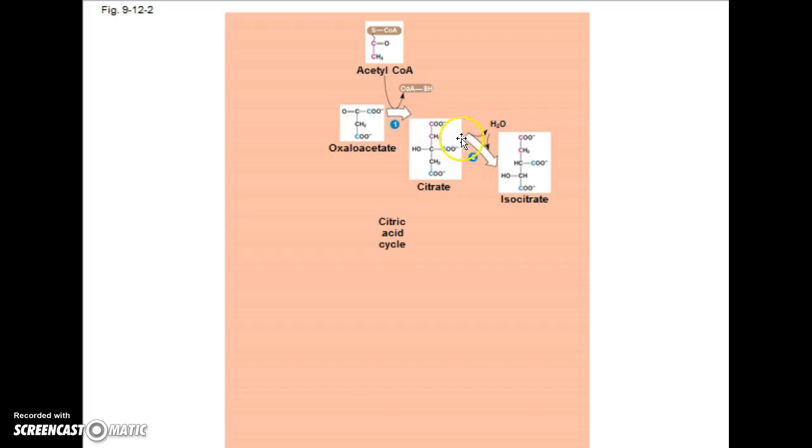So once again, another enzyme acting on the citrate here, removing some water, becoming isocitrate. So we've changed our molecule a little bit. An electron is picked up by NAD, becoming NADH, a little bit of carbon dioxide released, and now we have alpha-ketoglutarate.